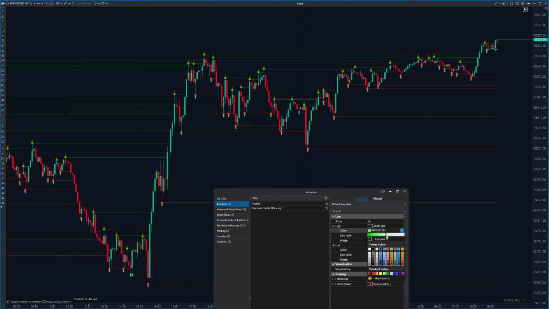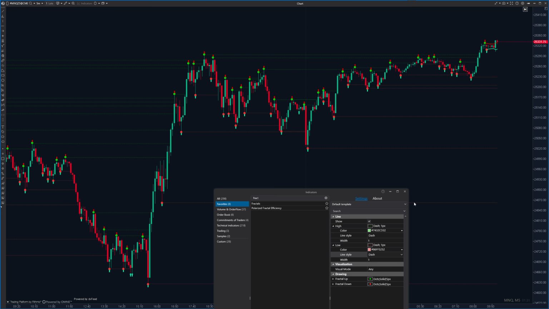I just play with the transparency, and I think you can even change the line style to dash. Let's say now it looks like this, and it's not bad. It's not bad at all, because as said, some traders, and this is good actually. This is very, very good.